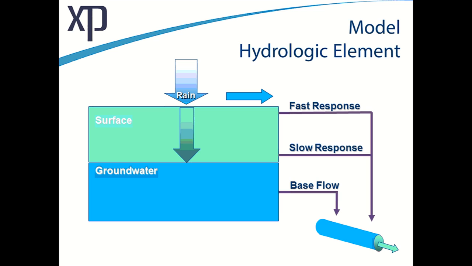And one of the options we can look at is to remove the roof drain. By doing this, we can route the water over the pervious area and see what kind of reduction we can get, low impact development type of concepts. We're going to talk a little bit more about that as we go through the system.